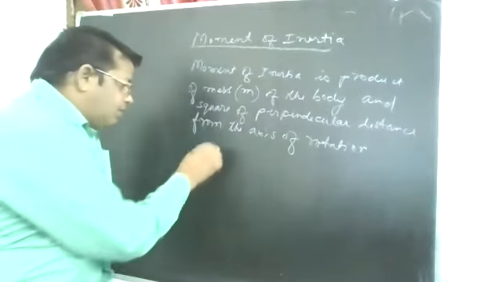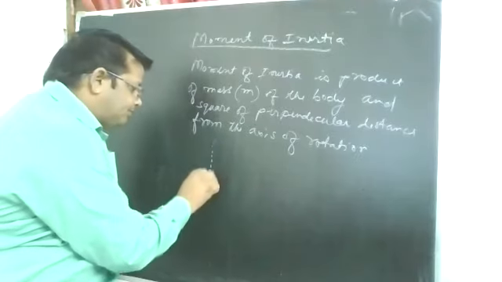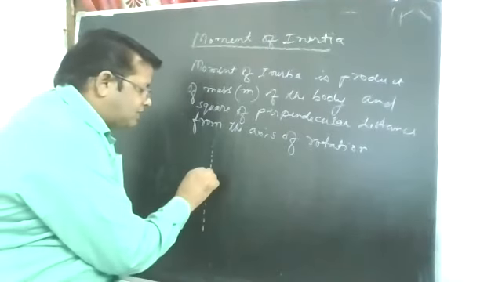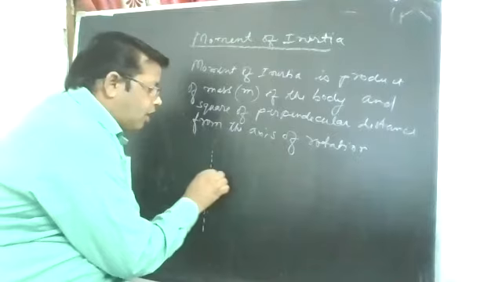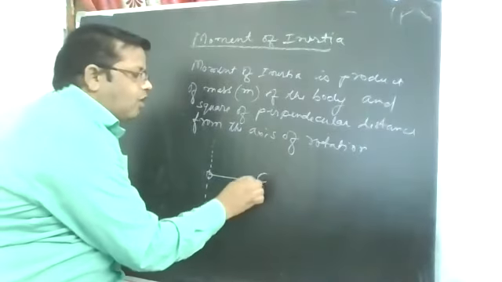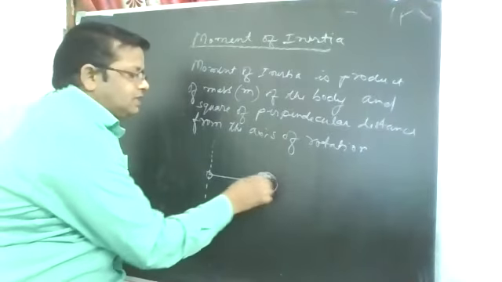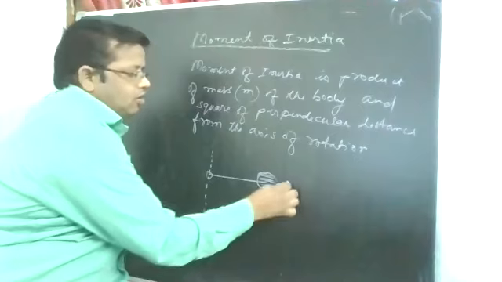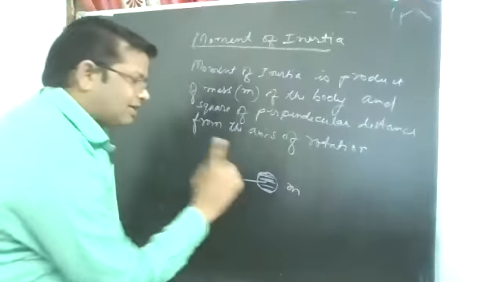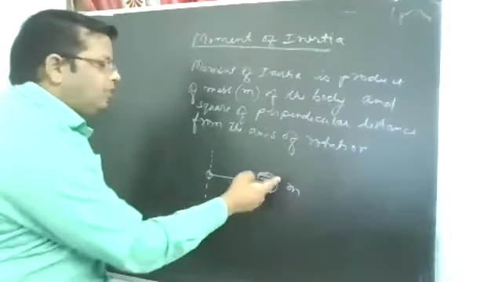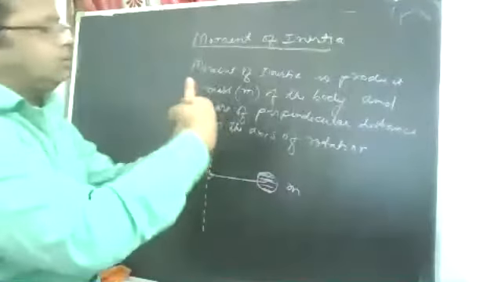It means this is the axis. Over this axis, if we clamp a rod, and with the rod we attach a mass m at a distance, when we hit this mass, it will rotate around the axis.